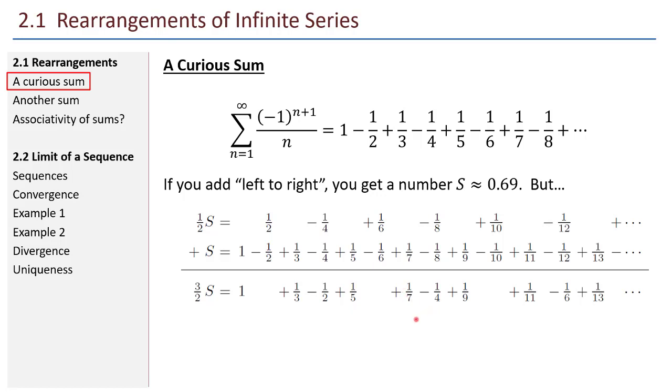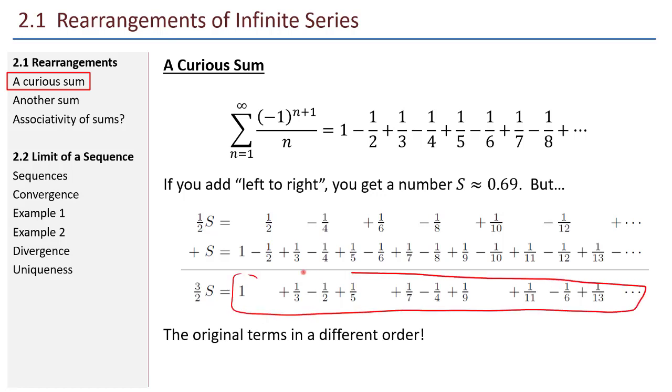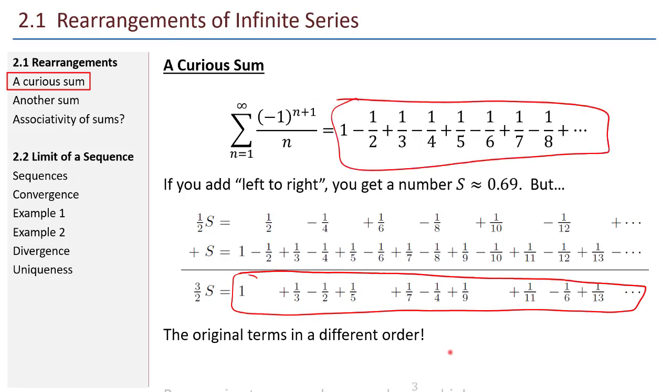And do you notice something weird about this 3/2 s? It is the original terms in a different order. That is crazy. This 3/2 s has exactly the same terms as my original summation, but just in a different order. And so, rearranging terms produces a value 3/2 as big.